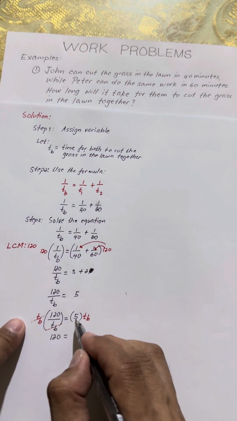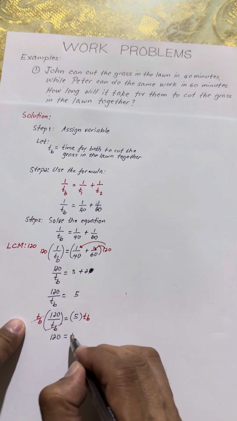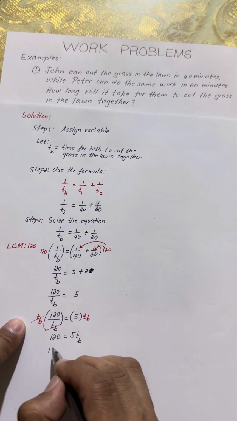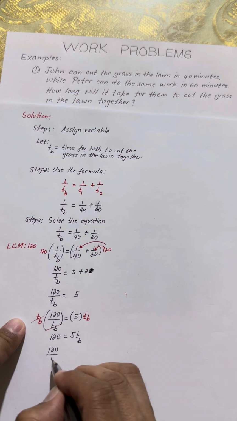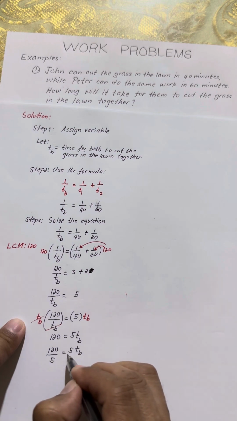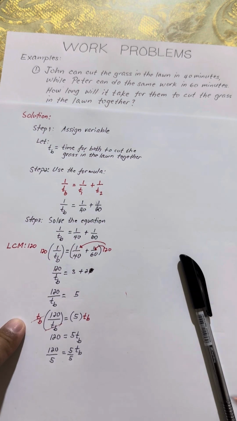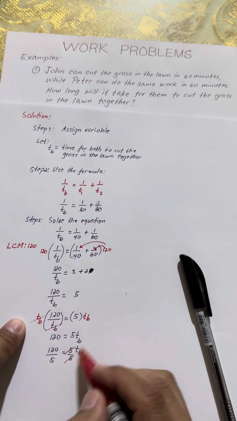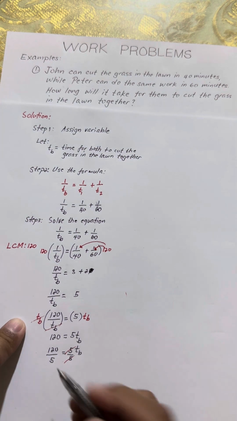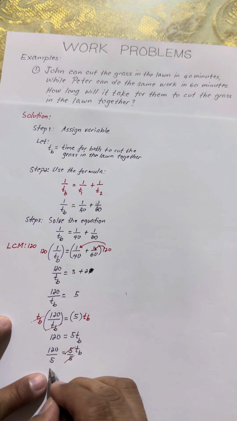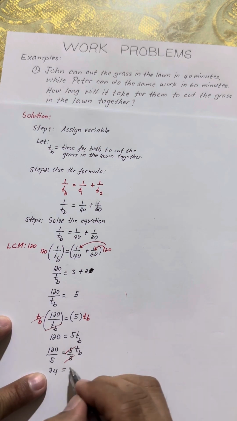On the right side, we have 5 times t sub b. So to solve for t sub b, we divide both sides by 5. On the right side, the numerator and denominator are both 5, so they cancel out. Then we have 120 divided by 5, which is equal to 24. And on the other side we have t sub b.